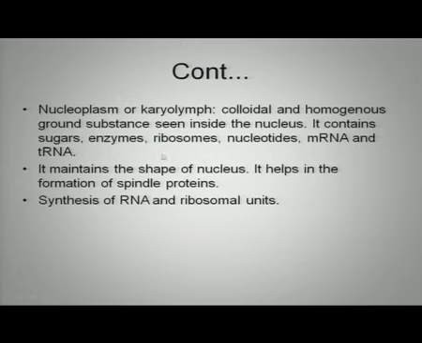Nucleoplasm with the different components, the fluid structure, heterogeneous sugars, enzymes, ribosomes, nucleotides, messenger RNA and transfer RNA. It maintains the shape of the nucleus. It helps in the formation of spindle proteins, synthesis of RNA and ribosomal units.